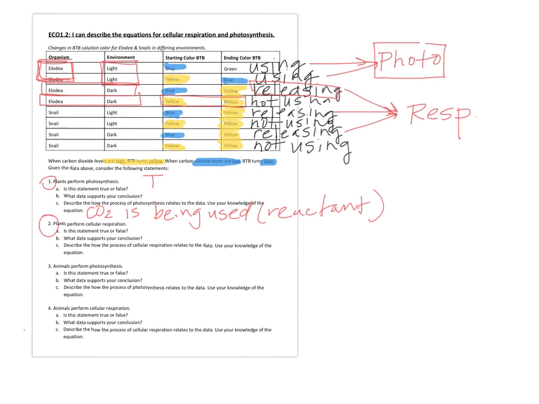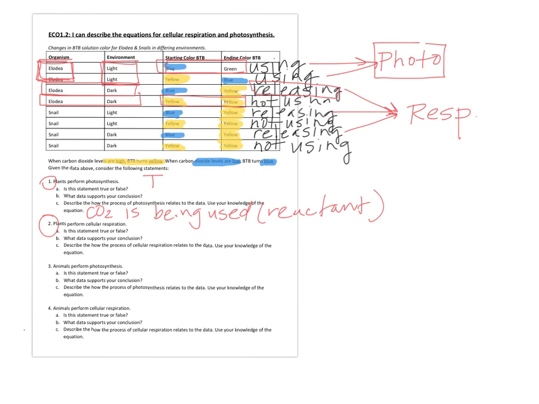And even this top one up here, where it changes from blue to green, right? It didn't go all the way to yellow because it's doing some photosynthesis, but it did change to green, which is part way to yellow, because it's also giving off some CO2. So plants are doing both photosynthesis and respiration in the light. In the dark, they're only doing respiration.